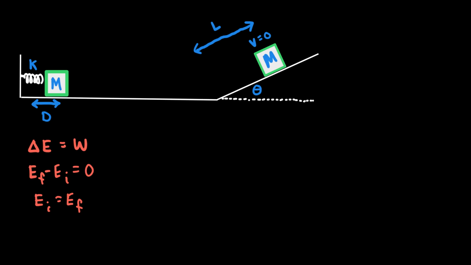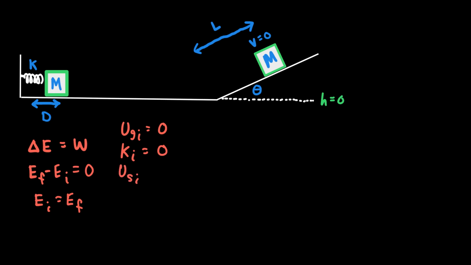First, I'm going to define in the picture here that the place where h is equal to 0 will be the level section of track on the left. And so I'm going to call the initial position the height 0, and so initially the box will not have any gravitational potential energy. And so U_G initially is equal to 0. The kinetic energy initially is also equal to 0. It's just at rest with the spring compressed.